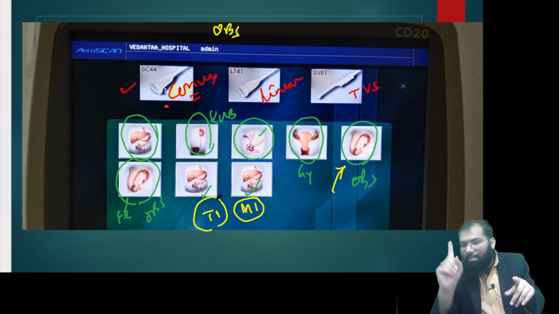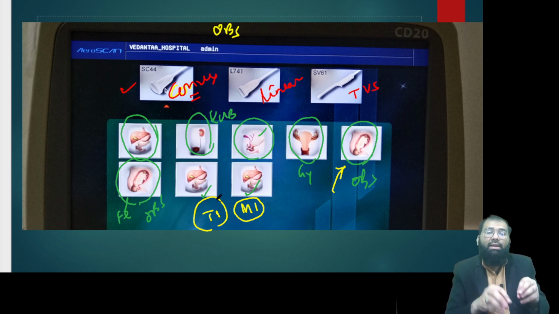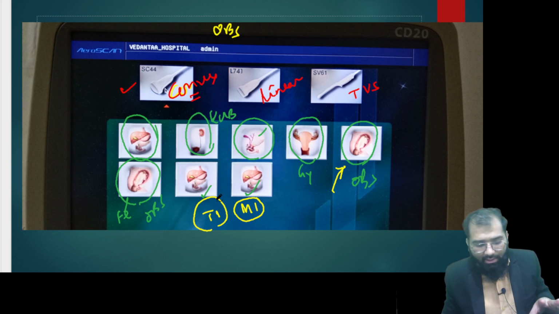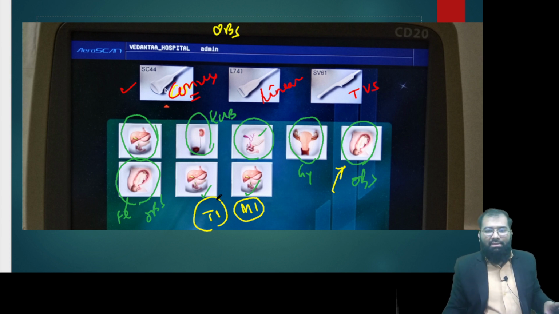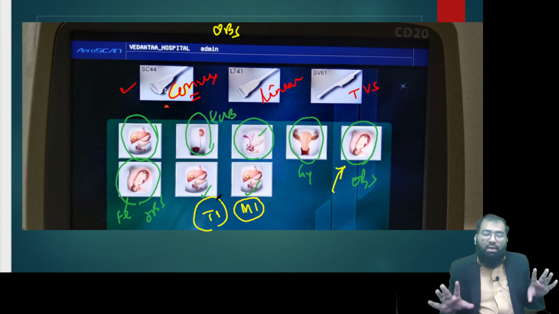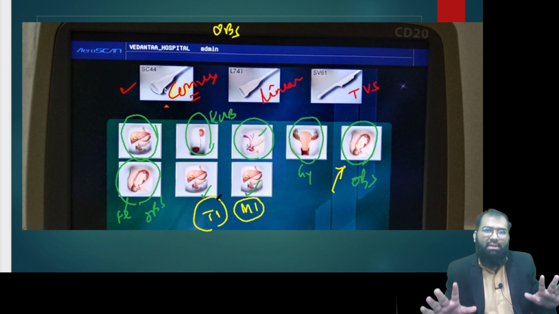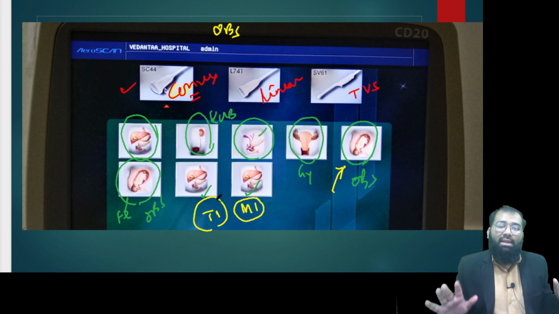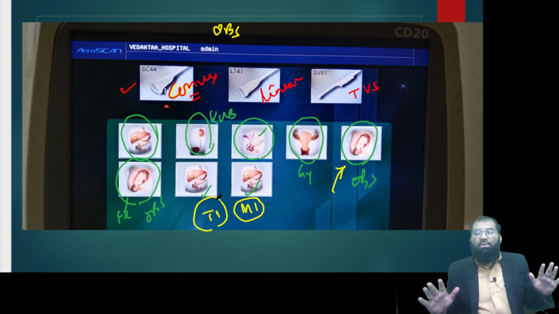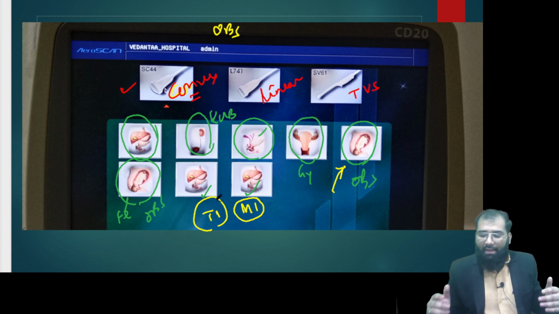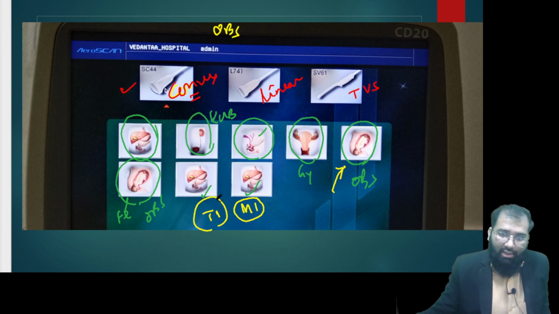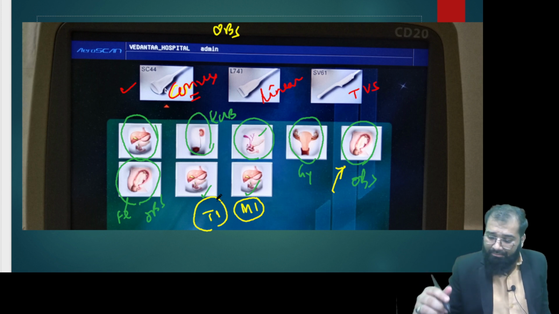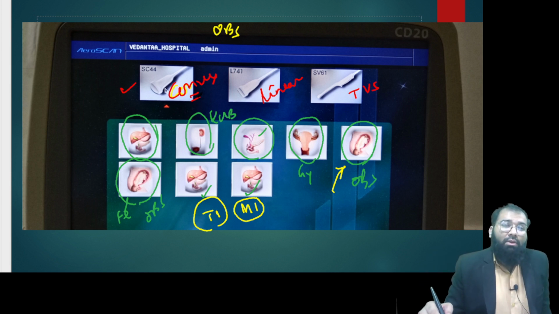When it comes to OB scan, it is very important that you select the protocol with minimal thermal index and minimal mechanical index in order to avoid any untoward event in the fetus. Although ultrasound is very safe, theoretically it is possible that if MI and TI are kept high, especially in early pregnancy, it might cause cavitation in the fetus. But you should always try to use correct protocols when it comes to fetal ultrasound.